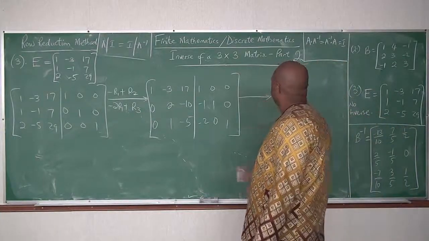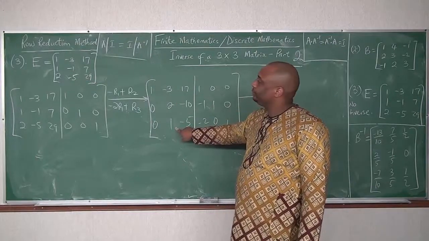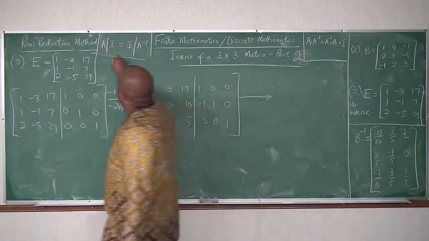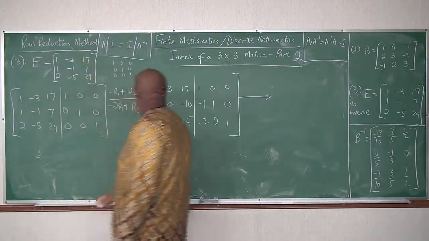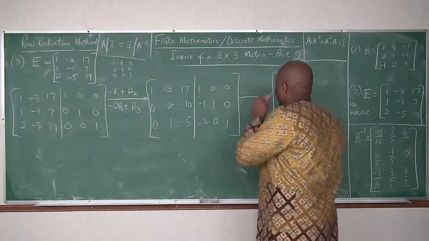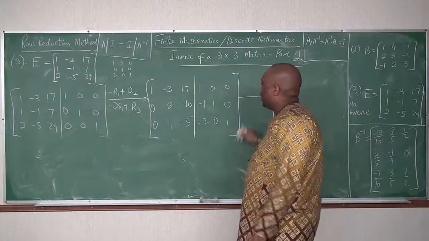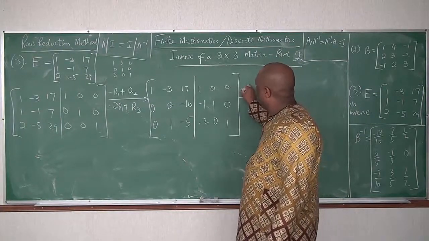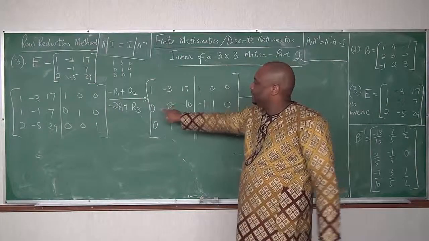Now, let's do another operation. We have to make this 0 and this 0. Remember, 1, 0, 0, 0, 1, 0, 0, 0, 1. So what operation do we use now? We cannot use negative, because this is negative and this is positive.